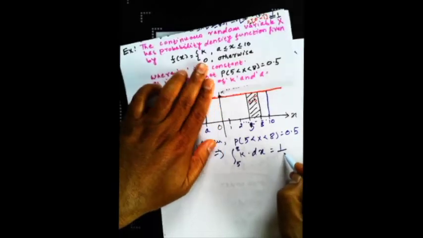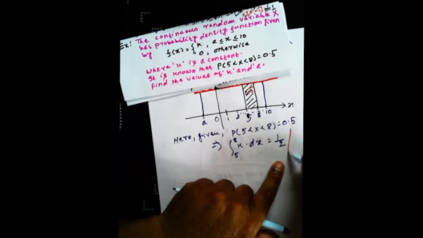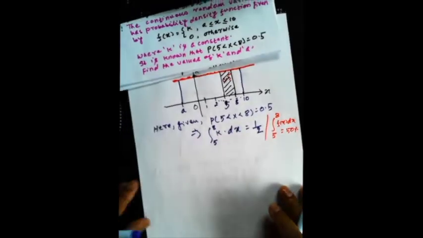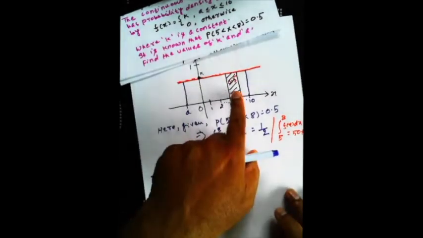We can also write 1 by 2. We have integrated f(x) dx from 5 to 8, and this is the 50% value in this total area.